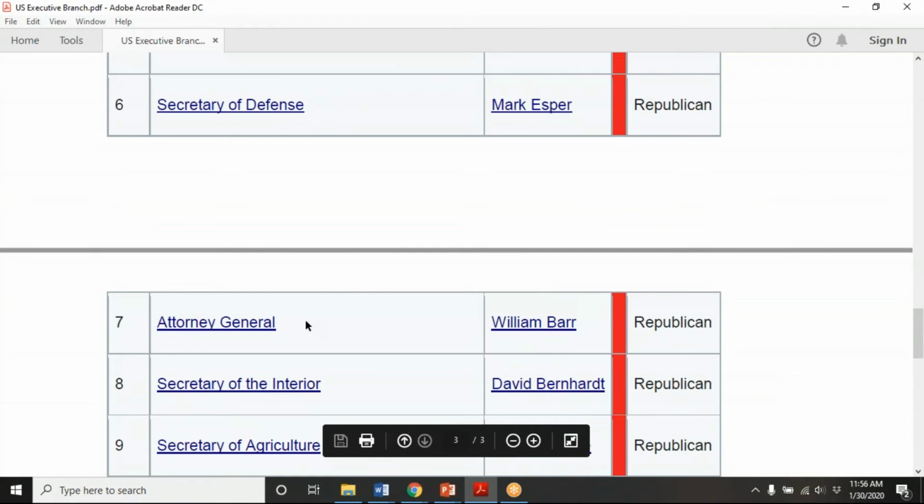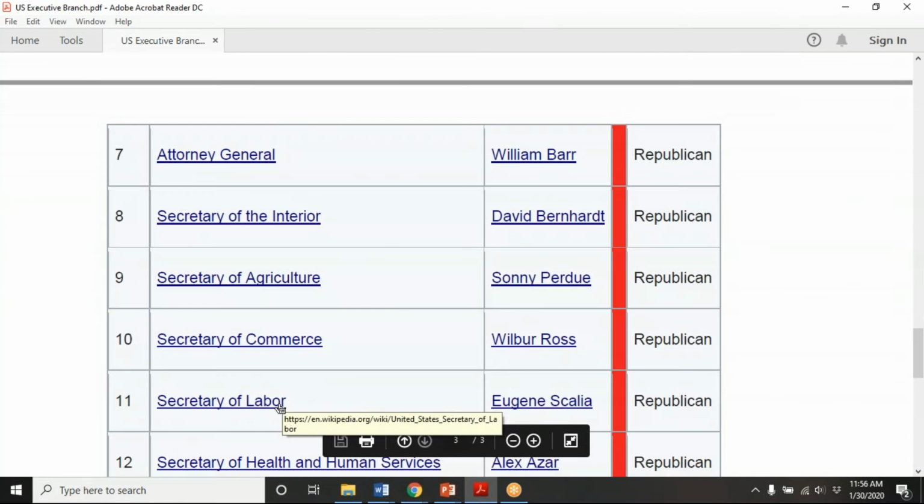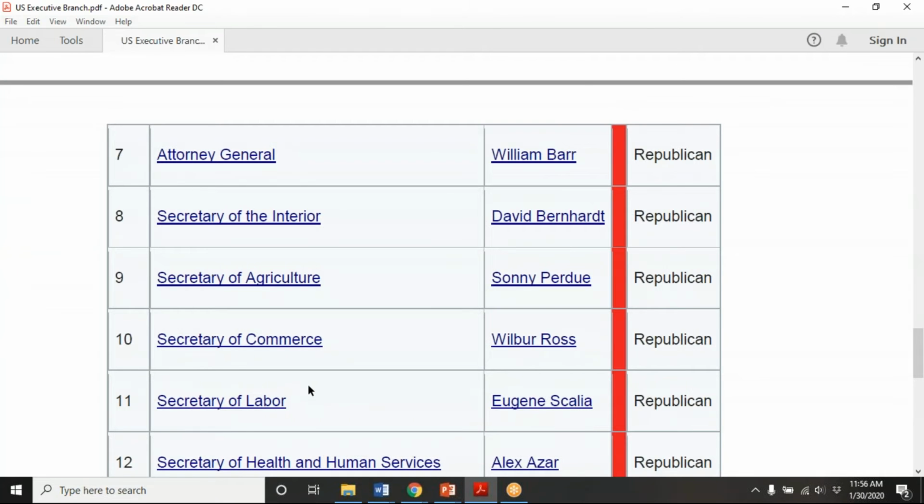All of these things, the Interior, Agriculture, Commerce, Labor, these are all departments within the executive branch. The executive branch isn't just the president sitting alone. He's kind of at the top of a pyramid of thousands of people that work in departments of the executive branch. So maybe in the future we could look at a little bit about how the executive branch works.